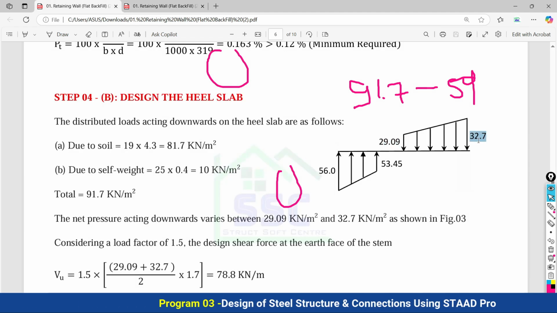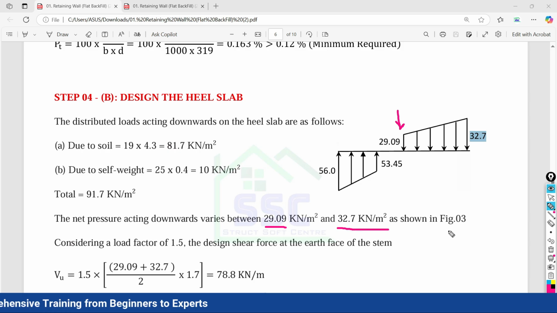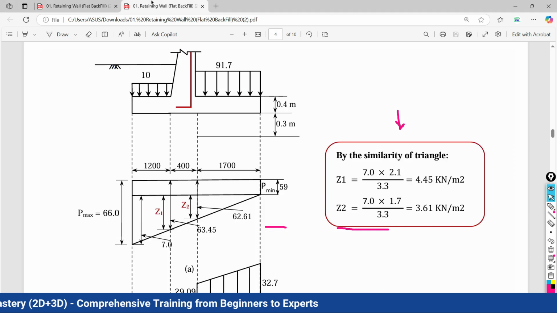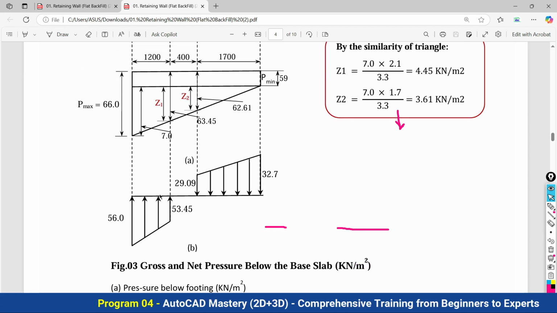This difference will be 32.7 kilonewton per meter square. Both the values are in downward direction. So the net pressure acting in downward direction ranges between 29.09 kilonewton per meter square and 32.7 kilonewton per meter square, as shown in figure 3. In this figure 3 mainly we have done all this calculation for the pressure.